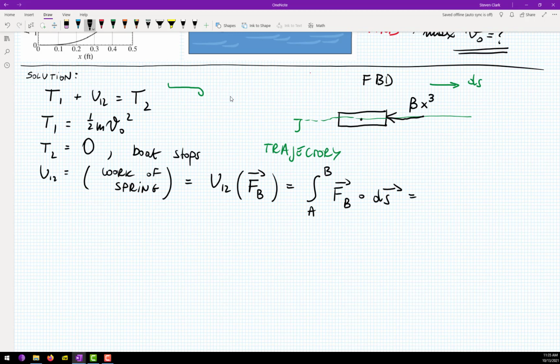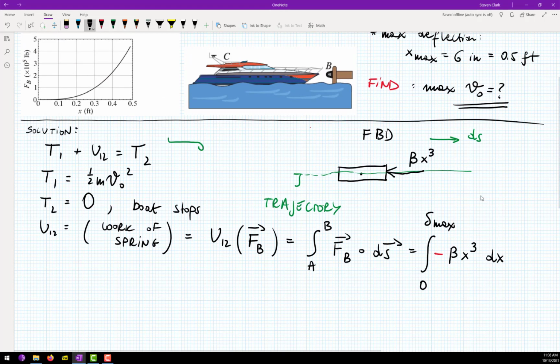Okay, and they point in opposite directions, so it will be the integral of negative beta x cubed dx. And integration bounds are from 0 to maximum deflection, delta max. I made the same mistake last hour, because I defined maximum deflection not as delta max but as x max. So let's replace it.